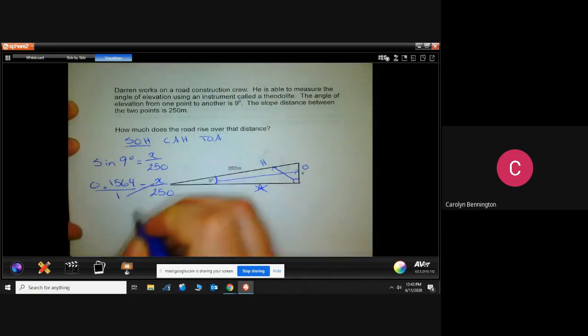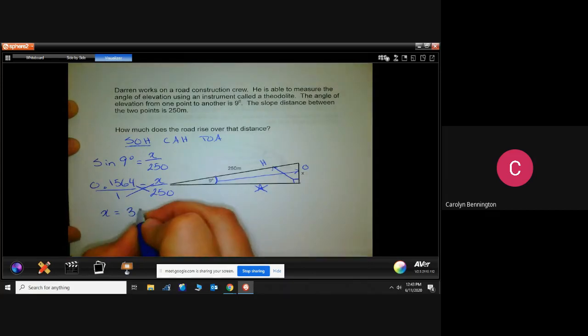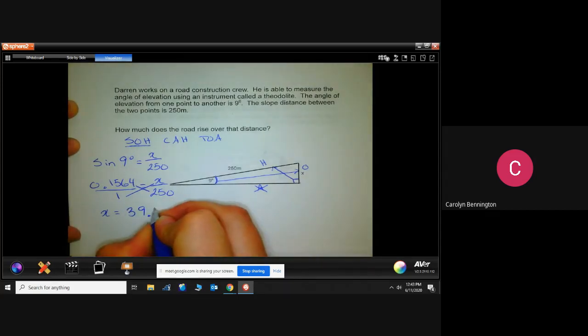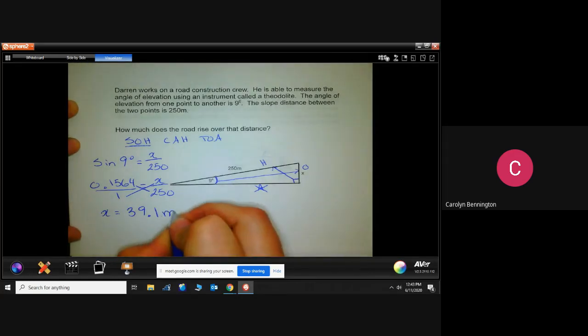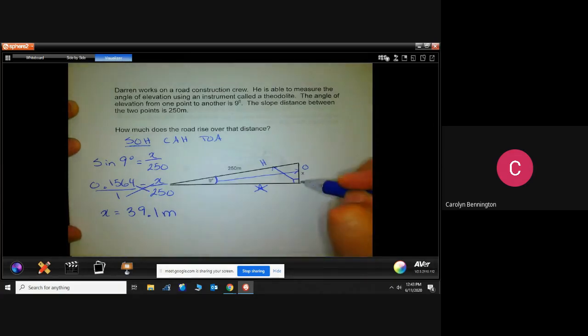So we'll have 1 times x is x, and then multiply our two other numbers, and we will get 39.1 meters. We know that it's meters because there's meters in the question. So 39.1 meters is how much the road rises.